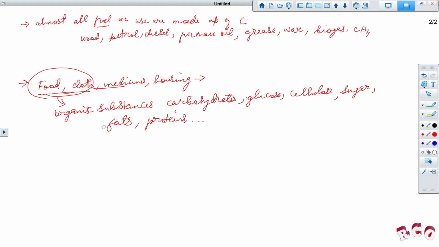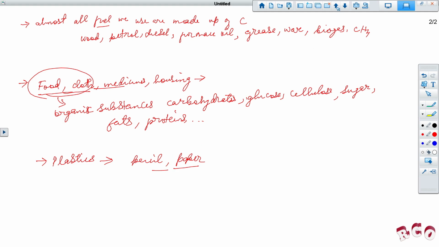That is why carbon is very important to study. And plastic, all the plastic bottles and different types of plastics also contain carbon. The pencil that you are using, the paper that we are using, all this contains carbon. So that is why it is very important to study.